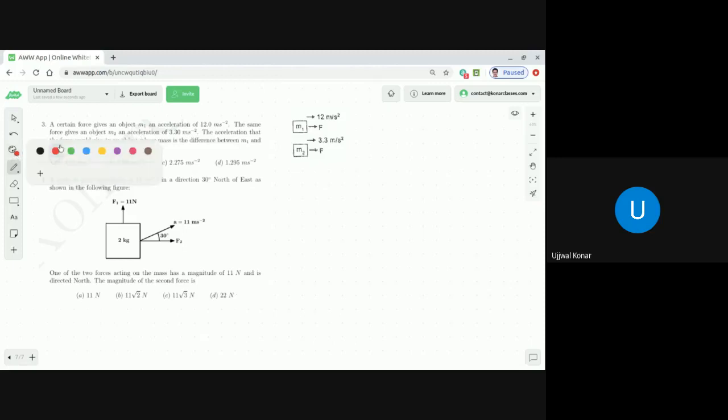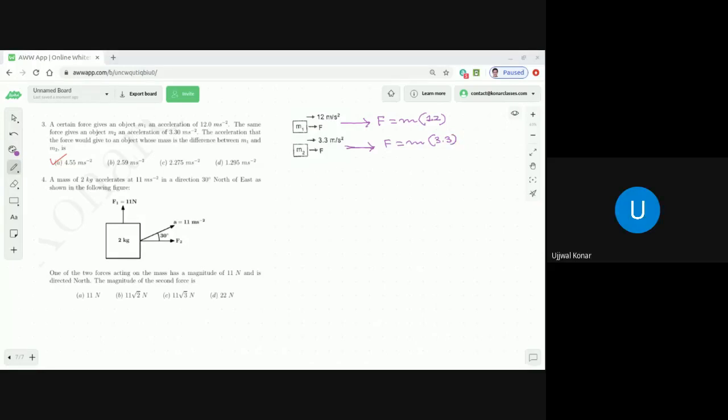For this one, we get F is equal to M into 3.3. Correct? Clear or not clear?